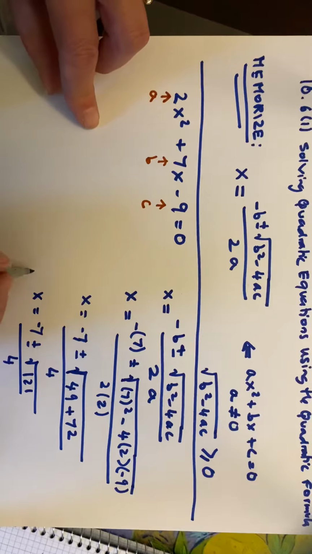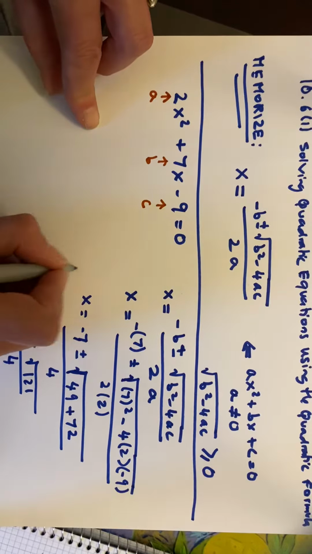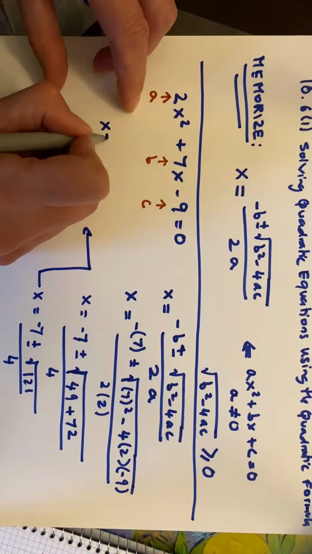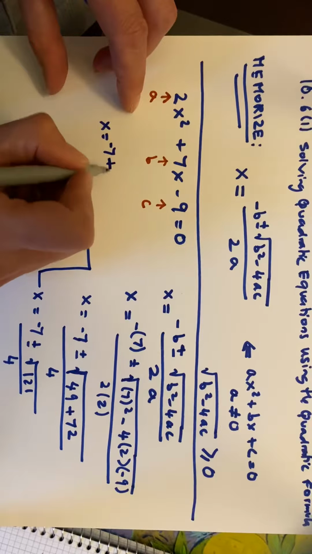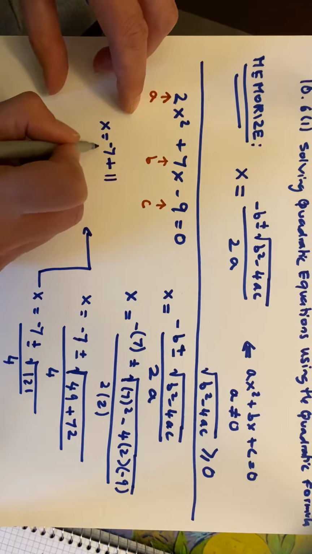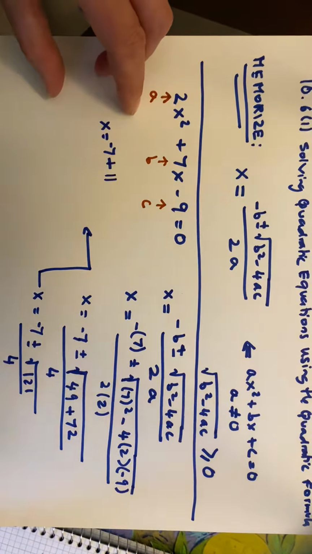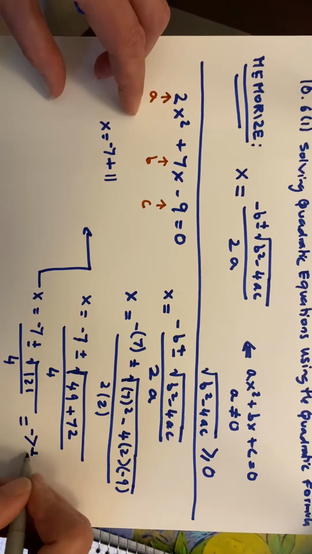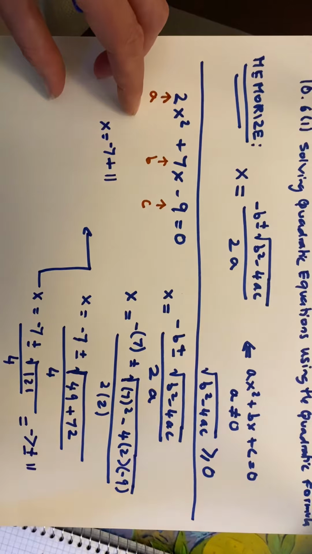This is going to give me two possible answers. x equals negative 7 plus the square root of 121, which is 11. Actually, just so that you can see, I'll simplify it here. Plus or minus 11 over 4.